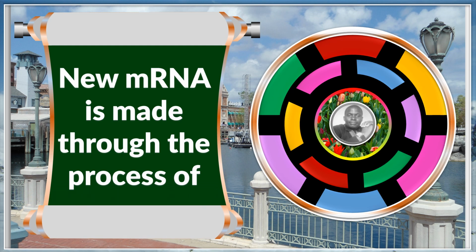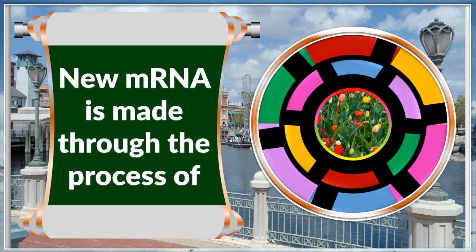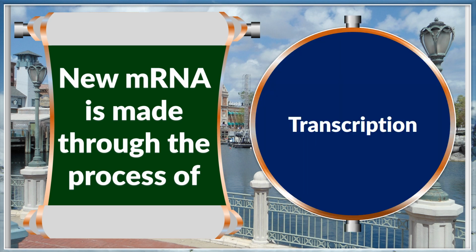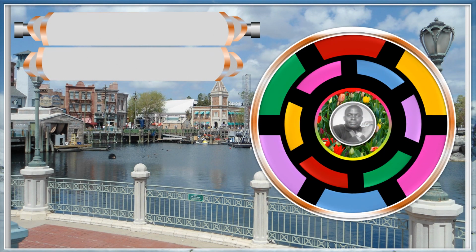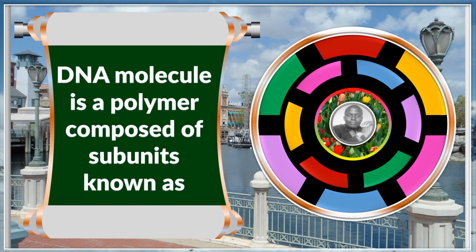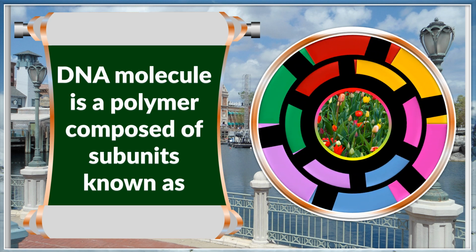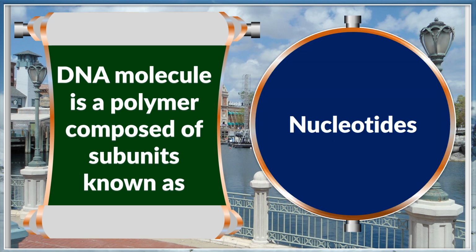New messenger RNA is made through the process of transcription. DNA molecule is a polymer composed of subunits known as nucleotides.